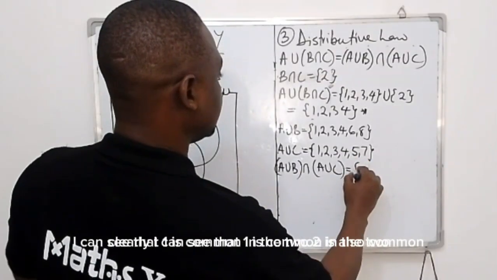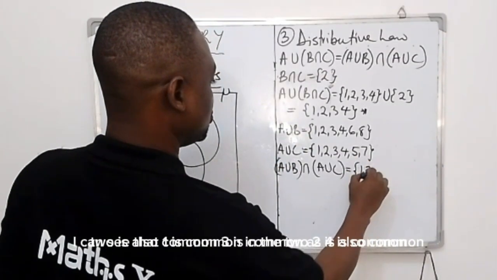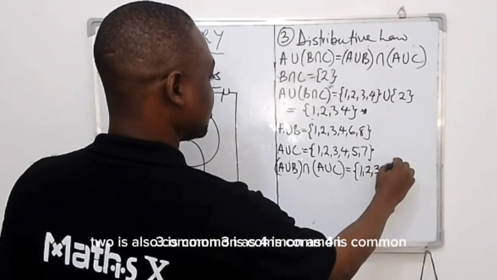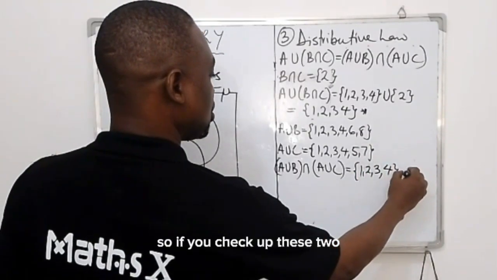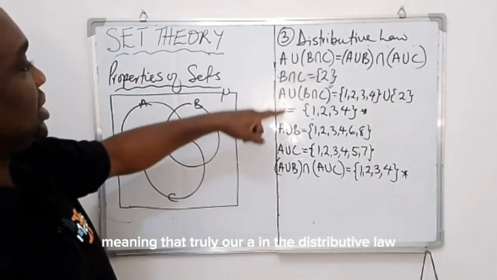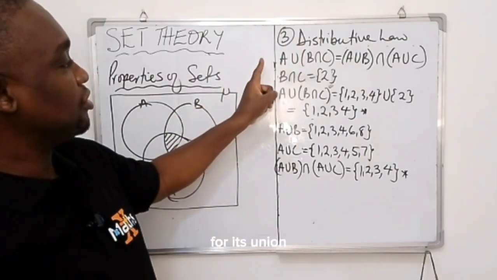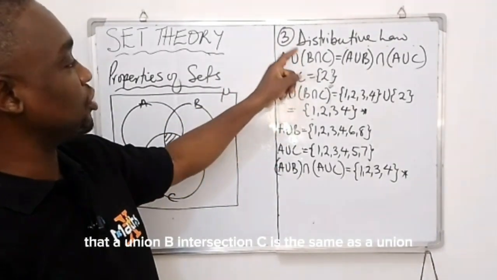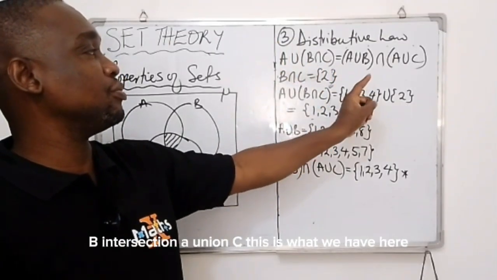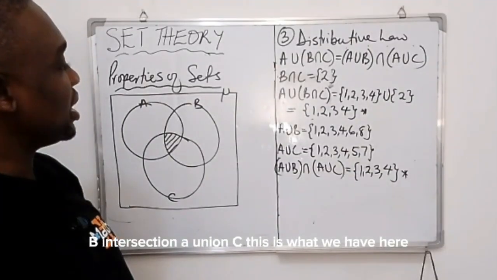Clearly, I can see that 1 is common in the two, 2 is also common, 3 is common, and 4 is common. If you check these two, they have the same answers, meaning that truly in the distributive law for union, A union B intersection C is the same as A union B intersection A union C.